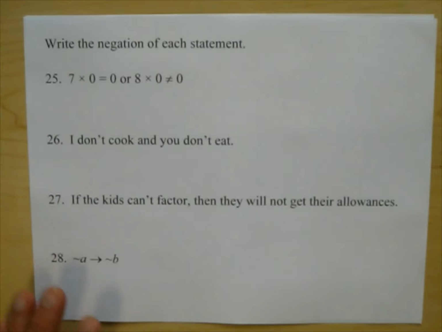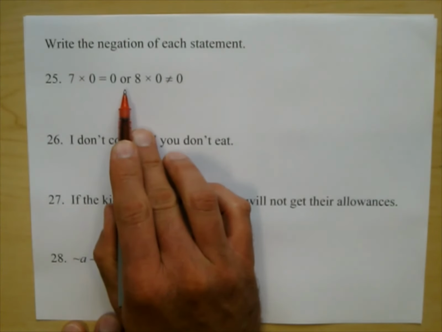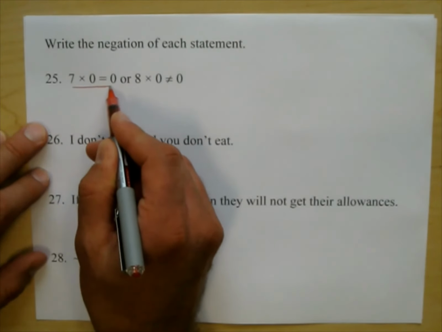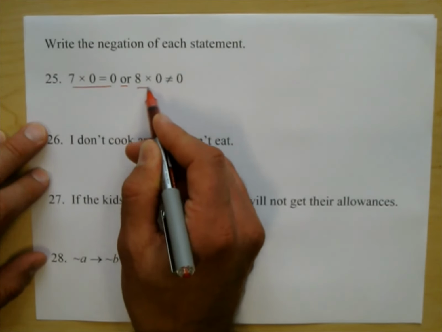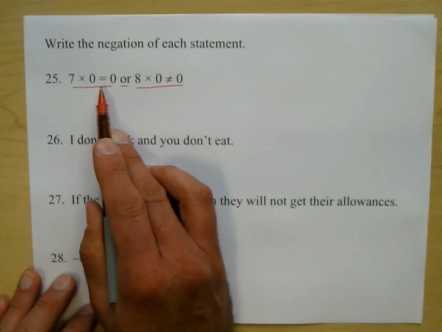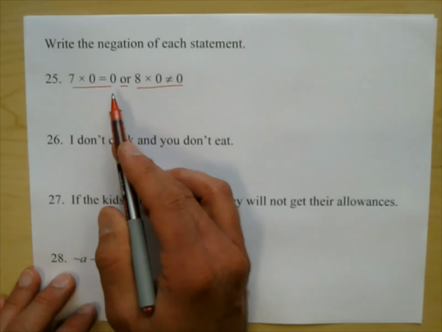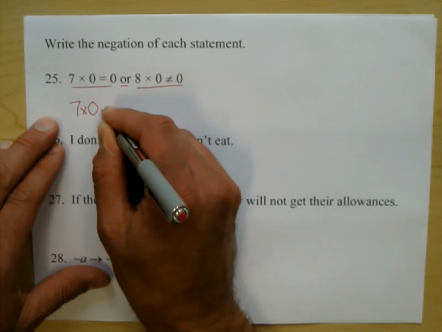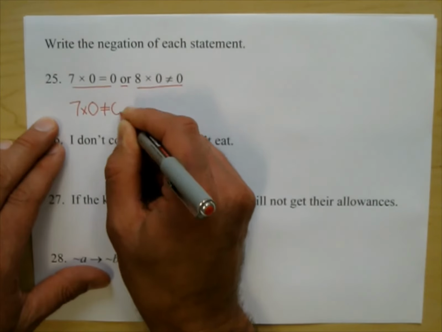So this statement is an or, and we're using De Morgan's laws. I'm not going to write them down. And you've got three different things you've got to negate. So the negation of 7 times 0 equals 0, the negation of that is 7 times 0 does not equal 0.